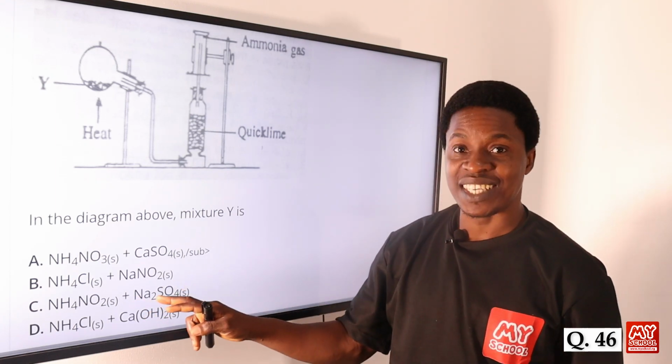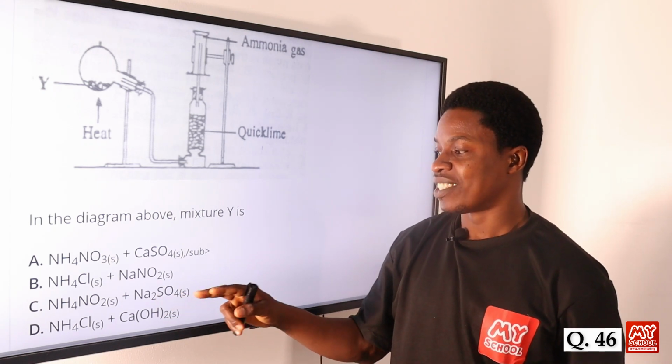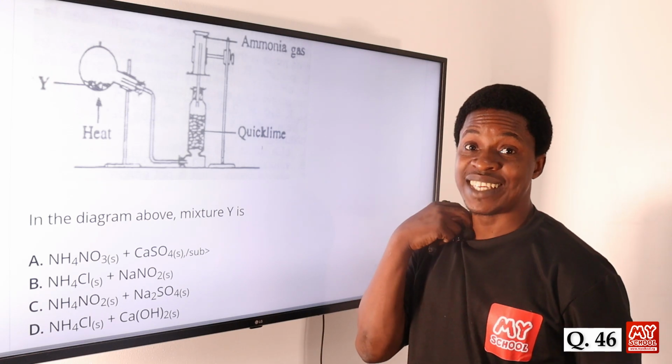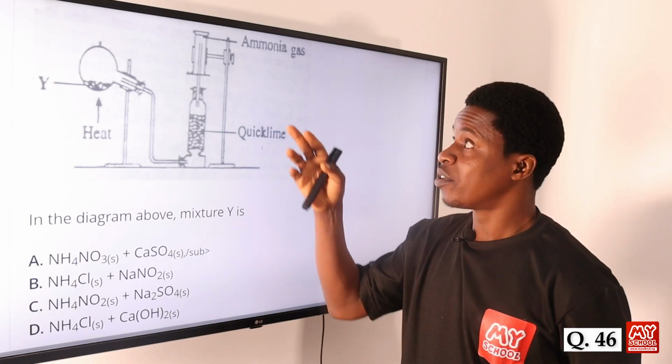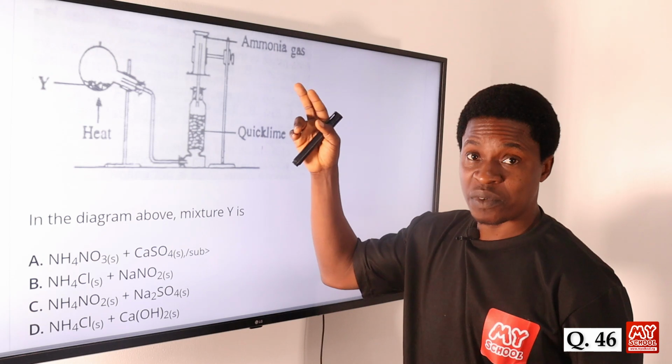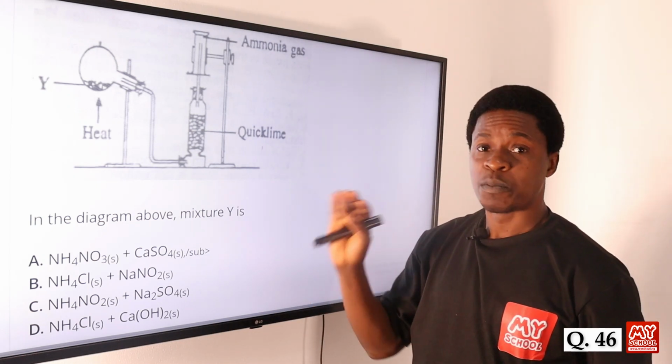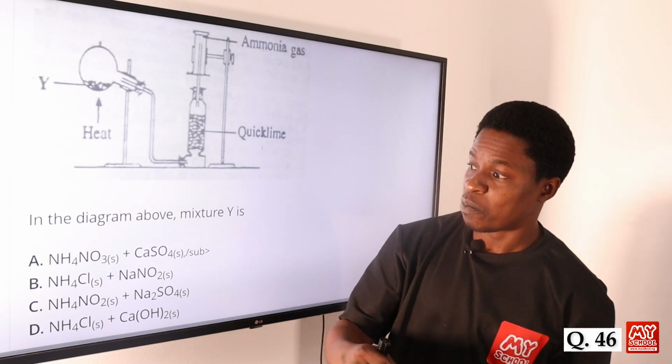Again, this is a sulfate, so it cannot be, because it's going to form H2SO4, which is sulfuric acid. Yes, it's a drying agent also, just like quicklime, but it's going to react there. This reaction is what we call a double displacement reaction. There's displacement in two places.